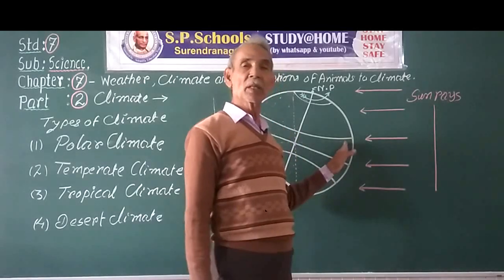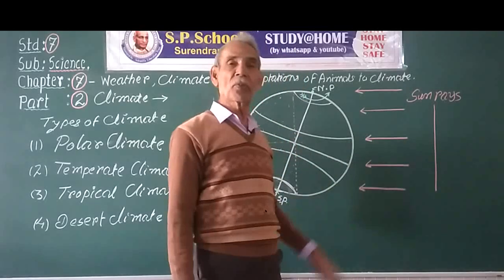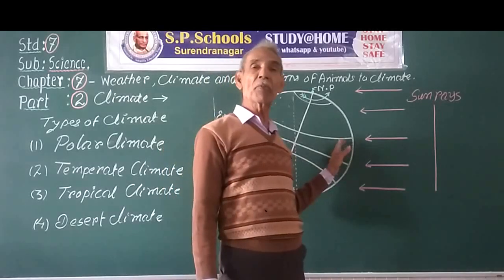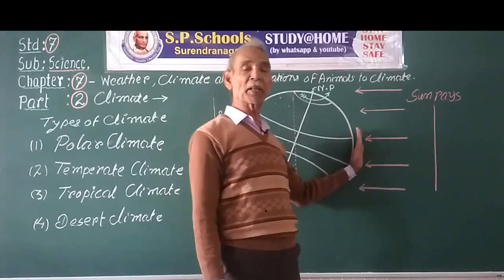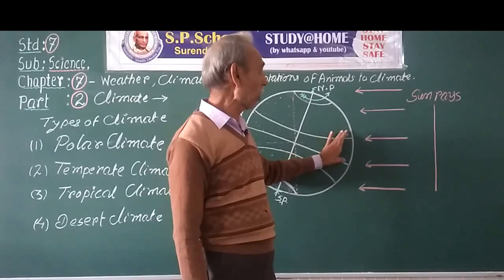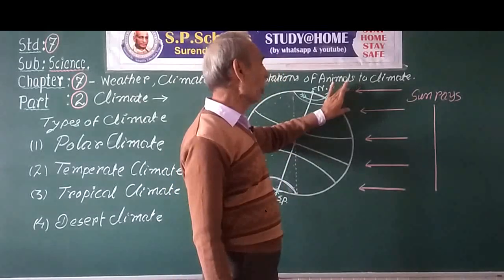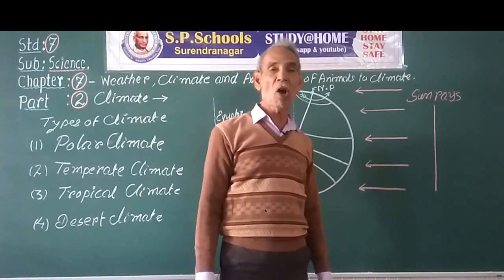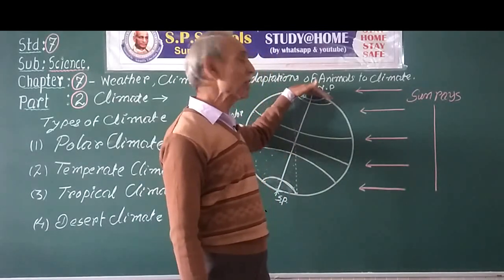Therefore, perpendicular sun rays cause more heating effect, because many sun rays are incident on small areas, whereas here a small amount of sun rays gets spread over a large area of the surface. Therefore, the sun rays remain slanting.